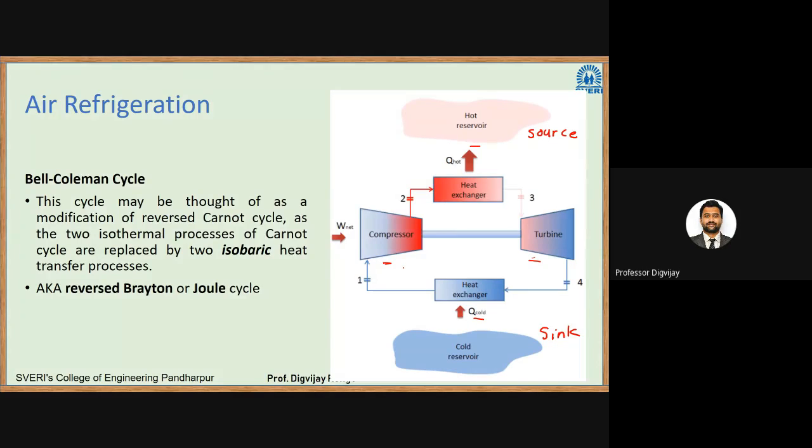So air is a heat carrying medium, which will transfer heat from the low reservoir to the hot reservoir. We have not gone into the commercial refrigerants yet, R12, R22. Up to this point, air is our refrigerant.